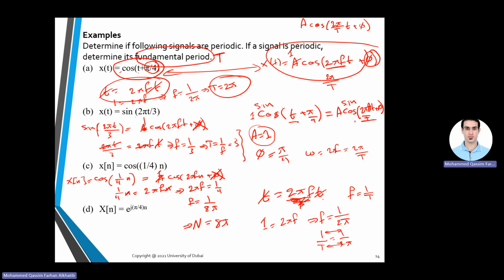What is your comment on this one? Is this periodic or not? Okay, I found it. First of all, it's cosine, so it should be periodic. And I'm getting the fundamental period, N equals 8 pi. So we can stop right there. But what is the last thing we said? There is a restriction on n. Again, t in continuous time could be any value. What about n?